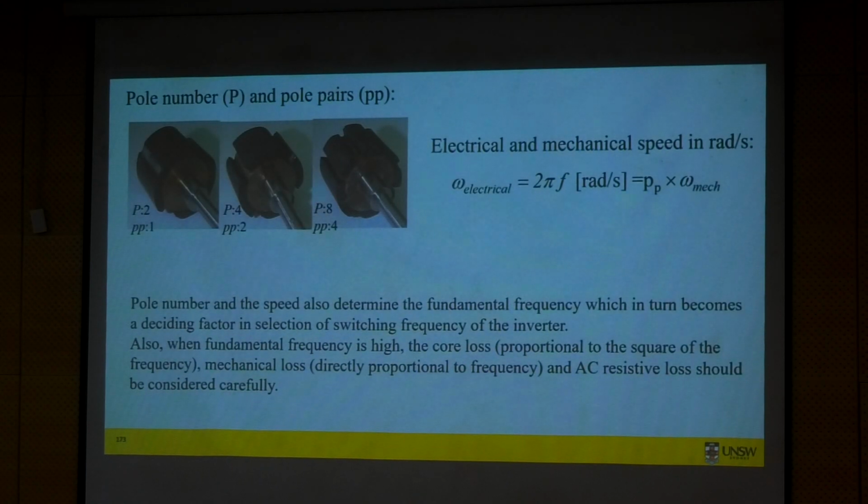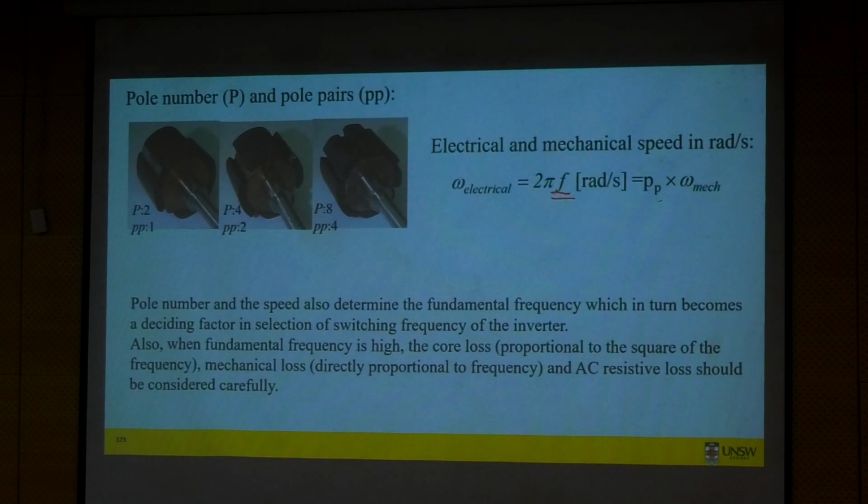Also, remember that higher pole pairs affect your frequency, because for synchronous machines, frequency and synchronous speed are related, inversely proportional. Higher the speed you may have, and if you have higher pole pairs, you will end up at a very high fundamental frequency.